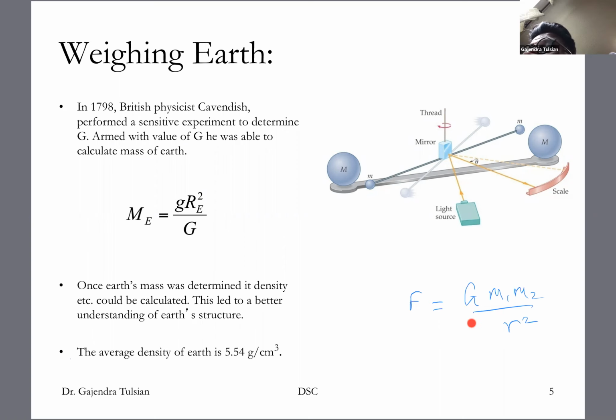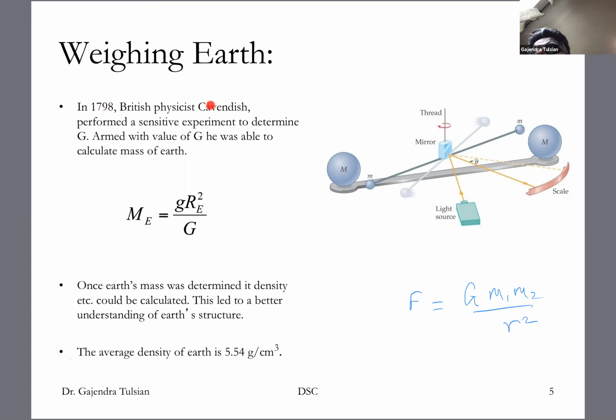Newton gave us this law in 1687, and the gravitational constant G was not measured for almost 110 years. It was that hard to measure.